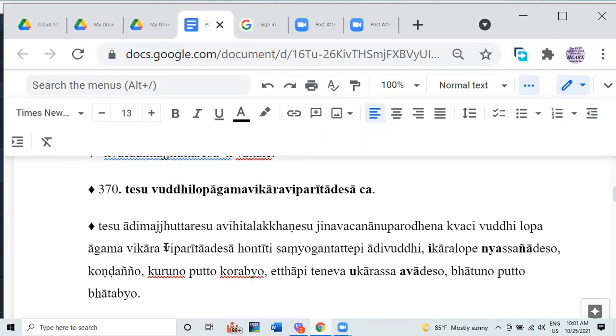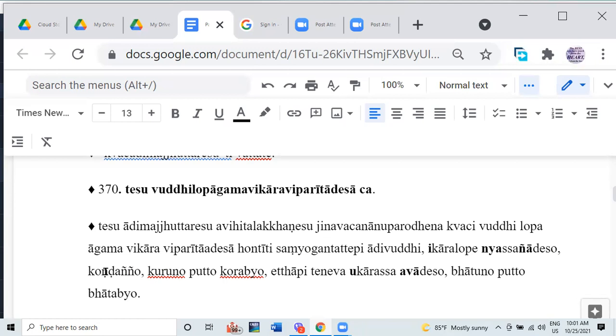Tesu Adi Majotaresu, and then Avihida Lakanesu, and then China Vajana Nubrodena. That is, without going against the Buddha words, in accordance with the Buddha words, sometimes Odi, there is strengthening.